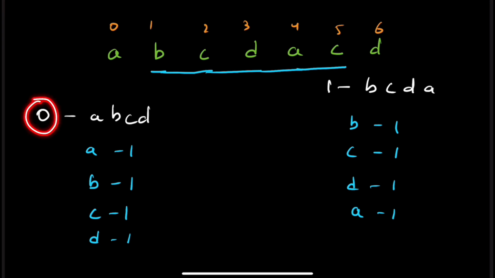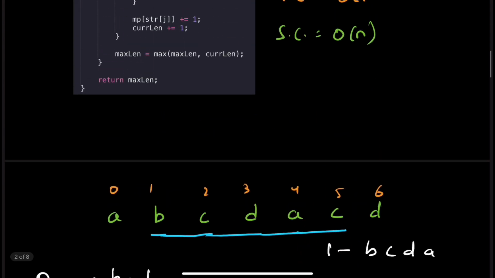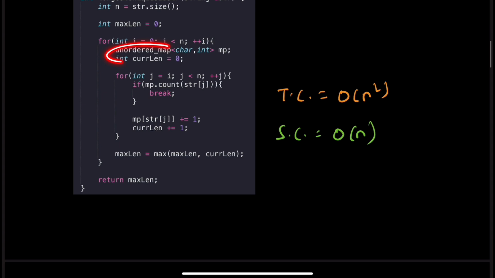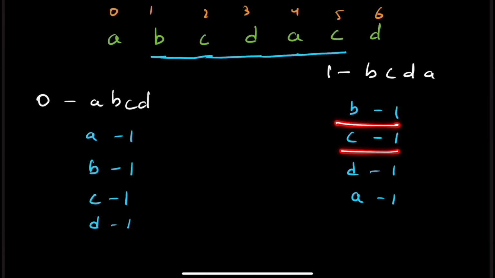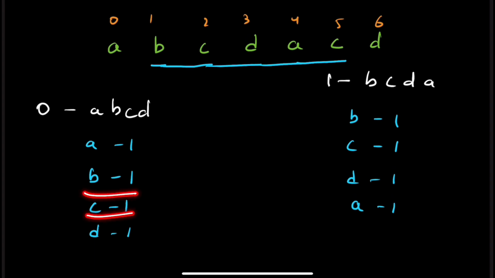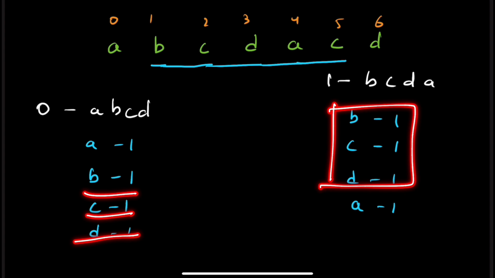Now, when starting from index number 0, we already have computed B, C, and D, right? So when starting from index number 1, we were resetting our whole map, right? So while resetting it, we again computed B, C, and D, right? Which is an extra work. So if you would have reserved these values, there would be no recomputation of these characters again, right? So that is the main intuition behind optimizing the solution.